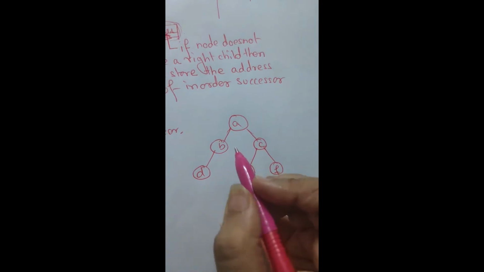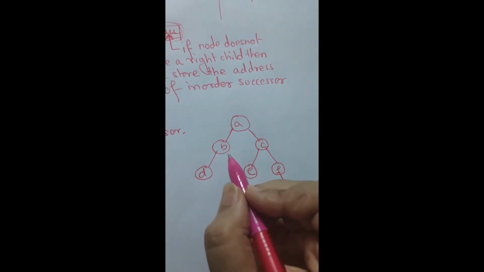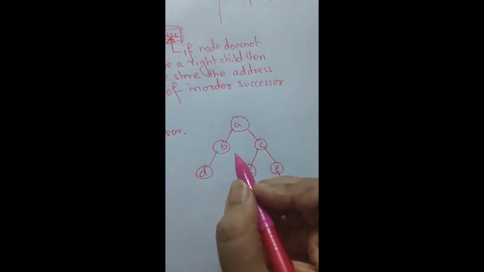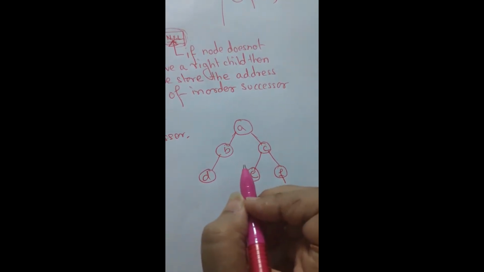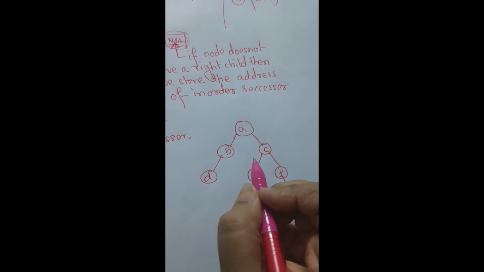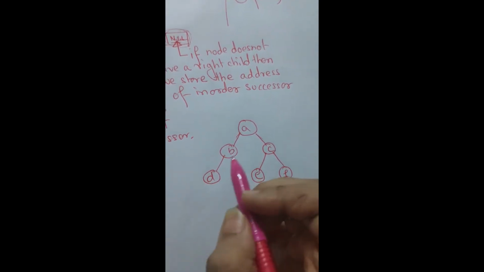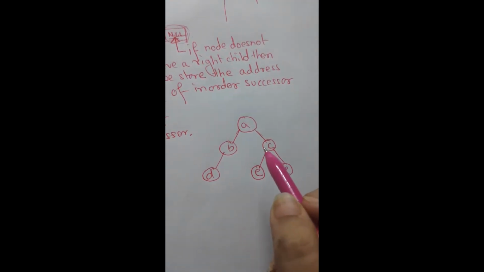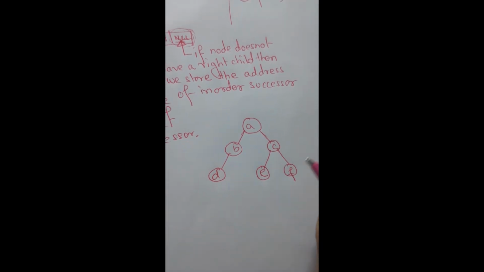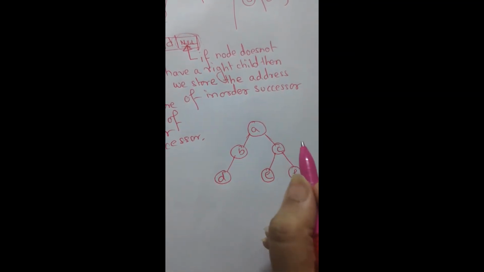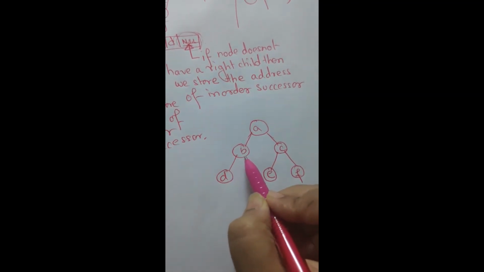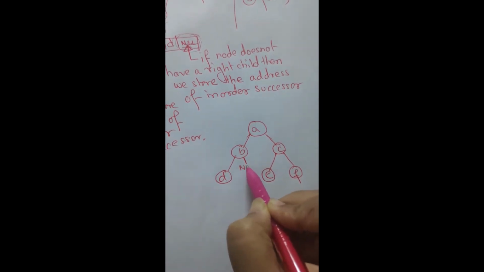Now left-threaded means all the left null links are connected to the in-order predecessor. The right null links are kept as they are. So you see, this is a right null link, so it will be kept as it is.